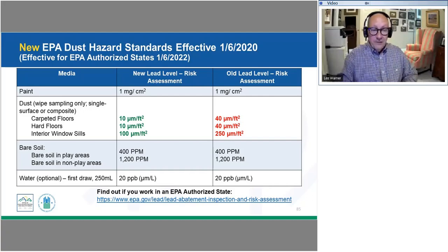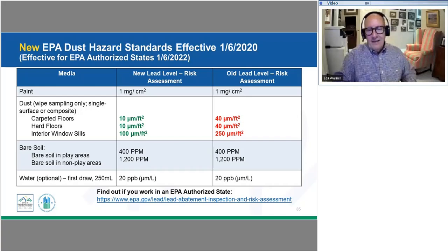For bare soil that's in play areas, we have a separate standard from bare soils in non-play areas. You're asked to make a determination on whether this is a play area or not, and it's really about the likelihood of children coming into contact with the contaminated soil.